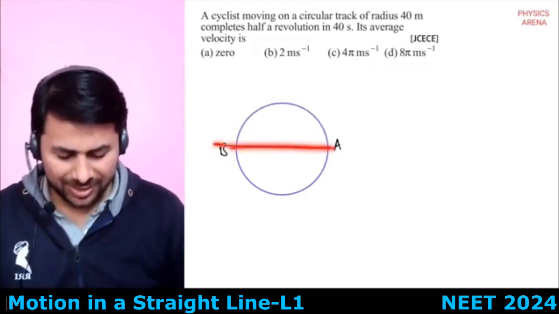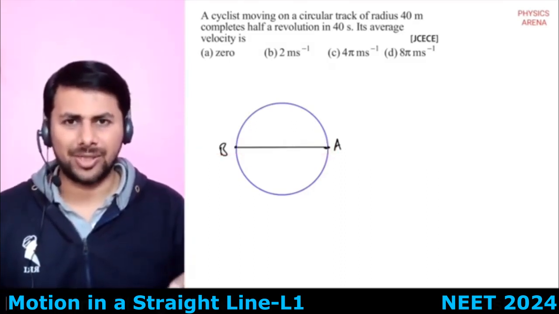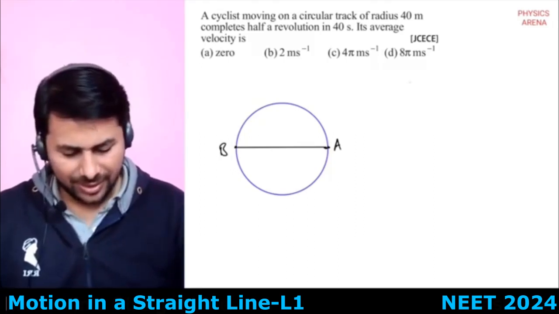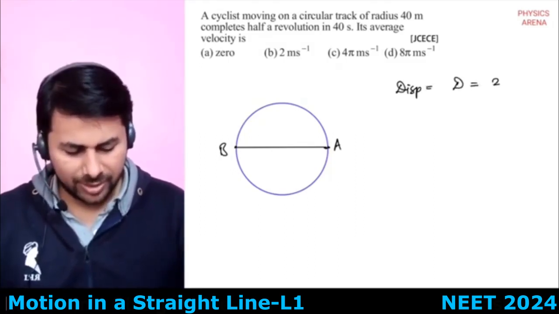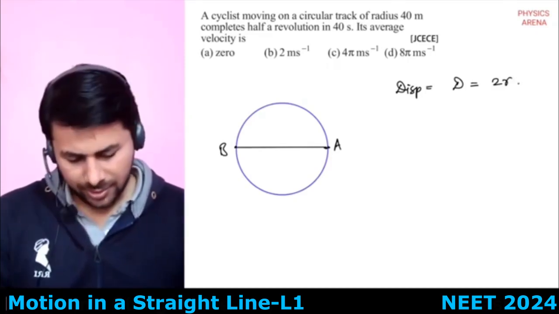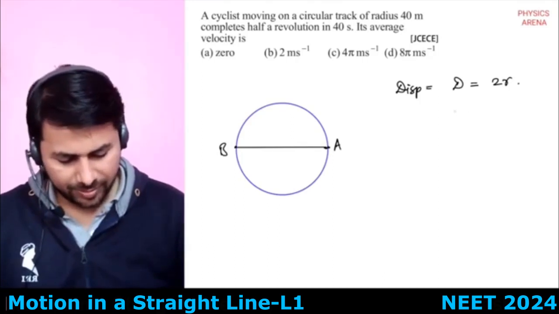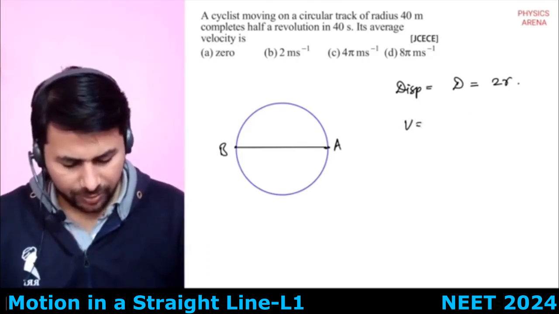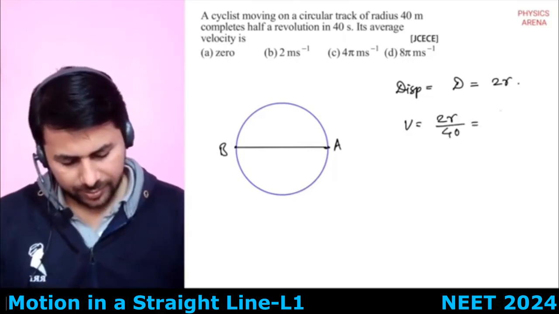What would be displacement? This distance. Okay. Straight line distance from A to B. That is displacement. Right? So displacement is equal to its diameter, which is equal to 2r. Okay. And time is 40 seconds. So therefore the velocity is equal to what? 2r divided by 40.